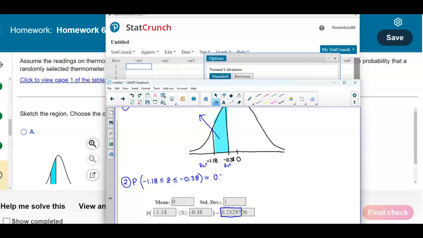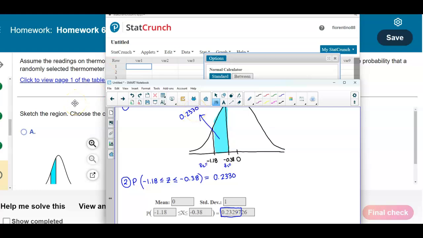So this is going to be 0.2330. Therefore, that's what the probability represents.